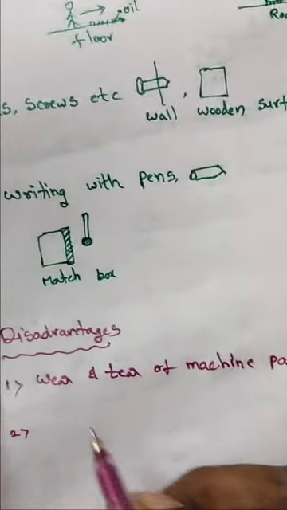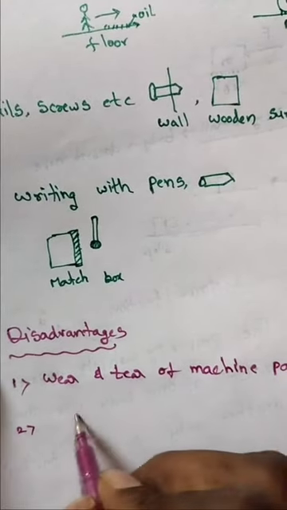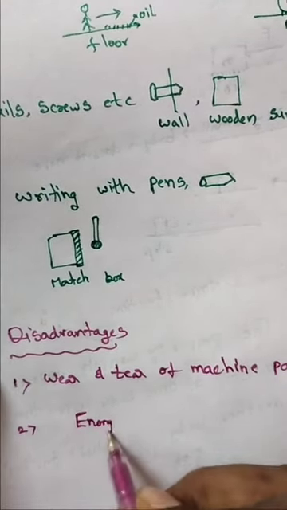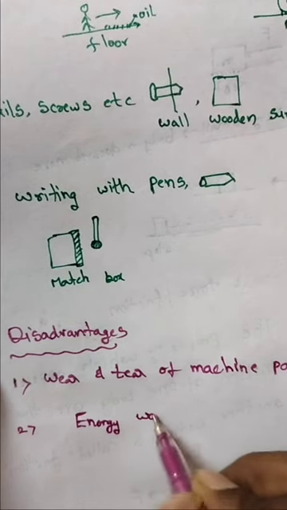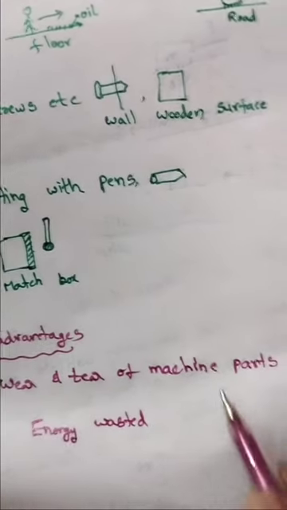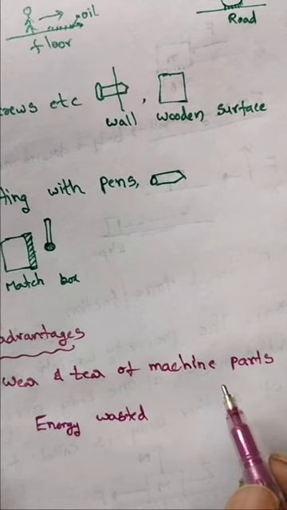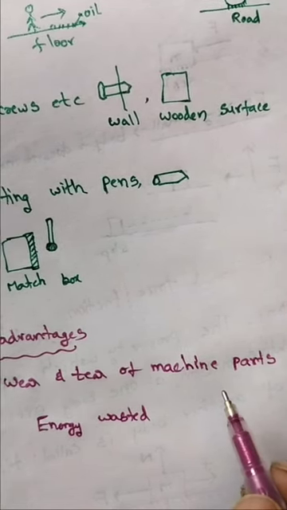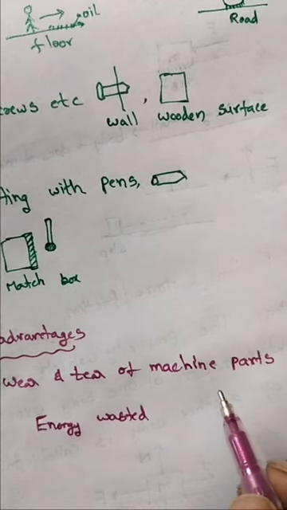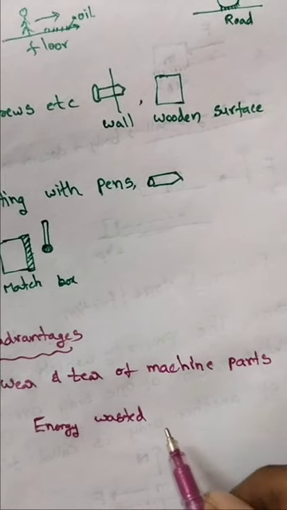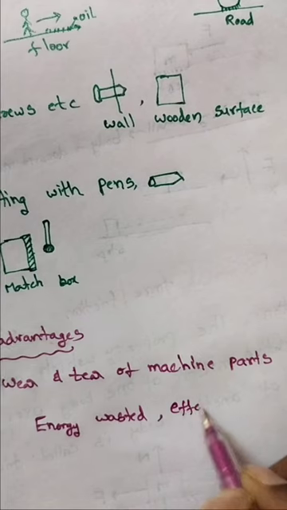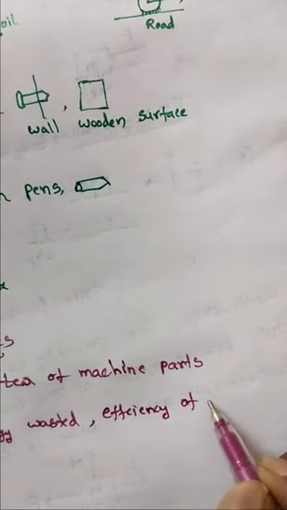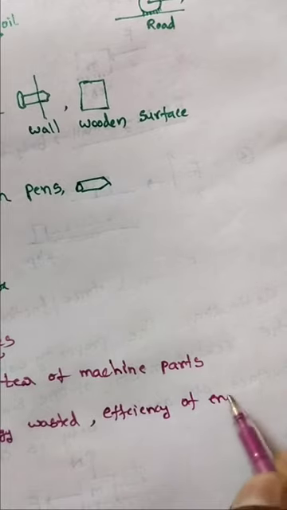And what is the second one? Energy is wasted. Suppose a car's brakes are applied, what happens? Some energy is wasted, and the tire surface also decreases. Therefore the efficiency of engines, bike engines, car engines and other engines, is reduced.